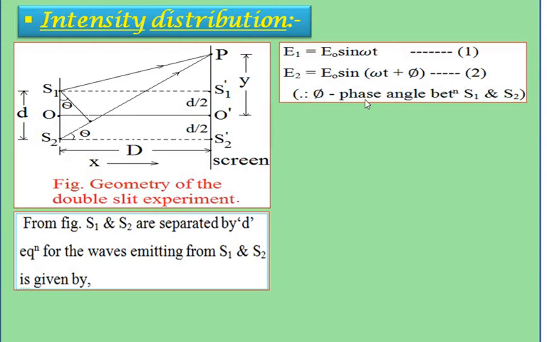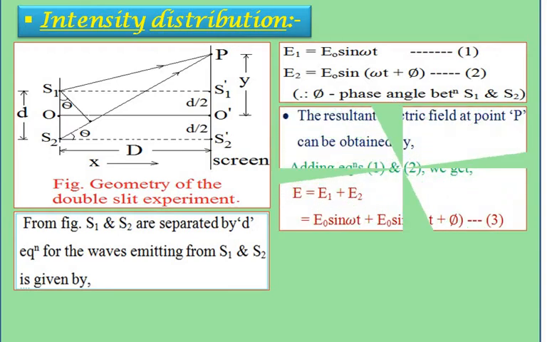Here phi is the phase angle between the two sources S1 and S2. The resultant electric field at point P can be obtained by adding equations 1 and 2. We get E is equal to E1 plus E2, which is equal to E0 sin omega t plus E0 sin (omega t plus phi).